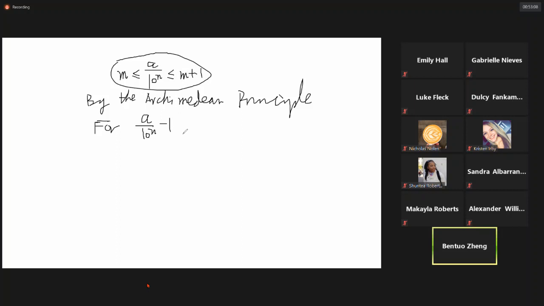There is a natural number k in n so that a over 10 to the n minus 1 is less than k.